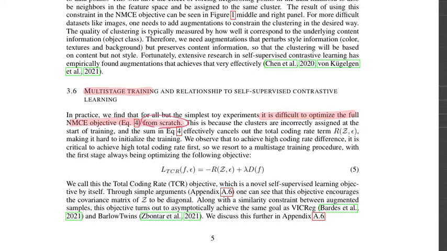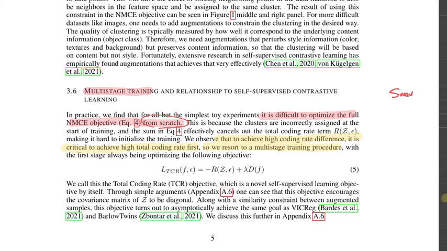So it's something, for example, similar to what we had in SwAV, the paper by Facebook, noting that if the proper operation of a part of the objective depends on a good performance being already achieved by another component, this kind of situation might motivate a multi-stage training. They mentioned that to achieve high coding rate difference, the objective, it is critical to achieve high total coding rate first, so we resort to multi-stage training procedure.